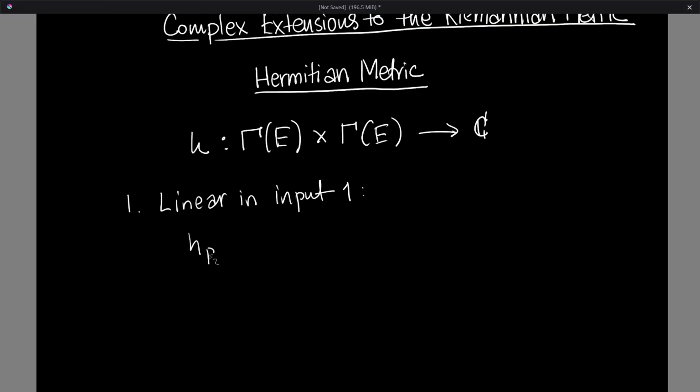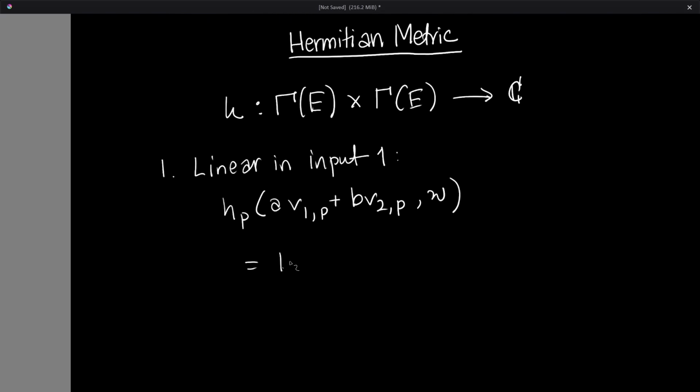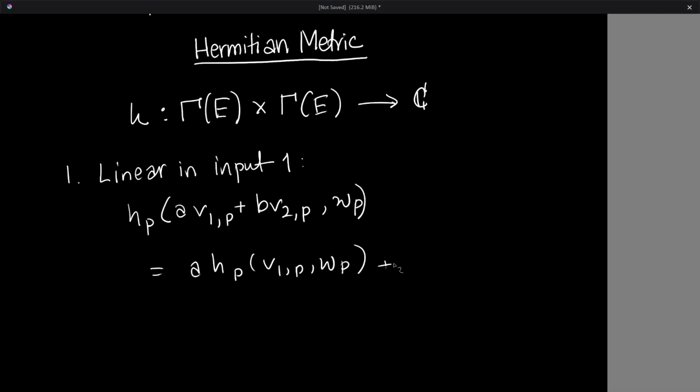So we define it pointwise. So it's like A V1P plus B V2P, W is equal to A HP V1P WP plus B HP V2P WP, right?